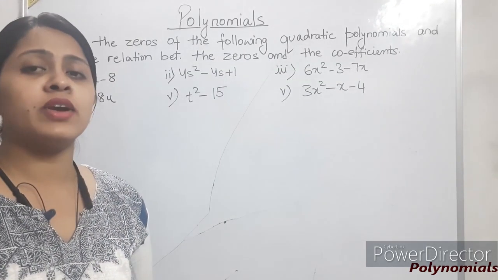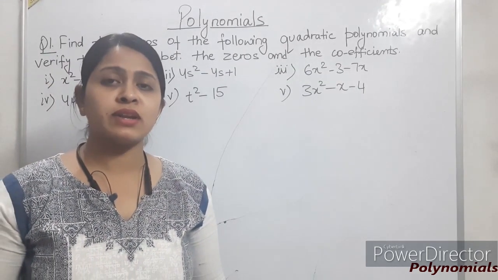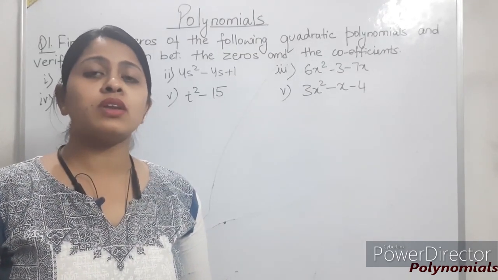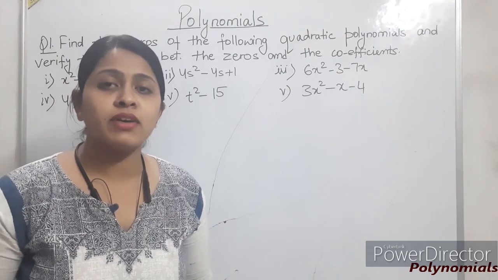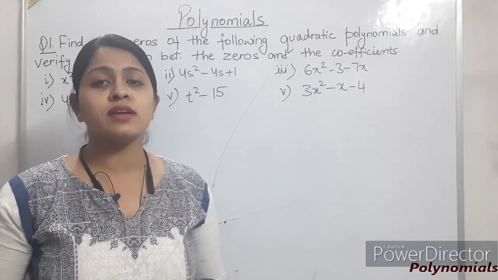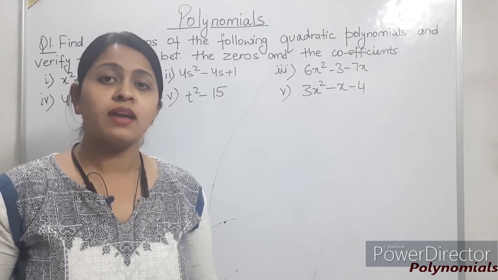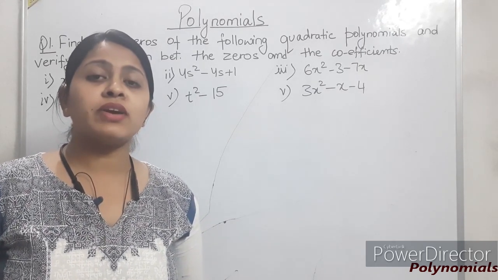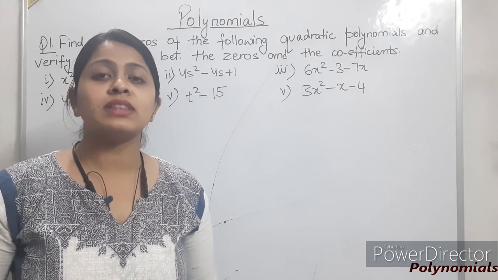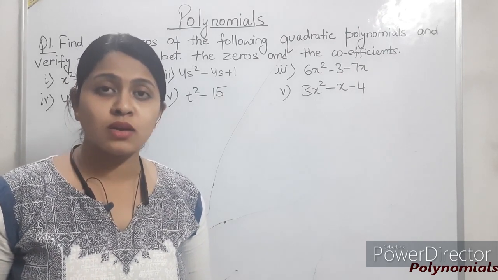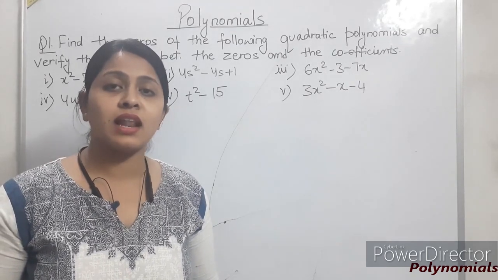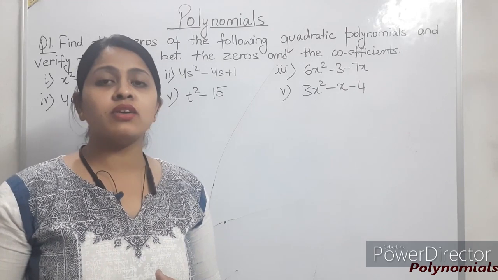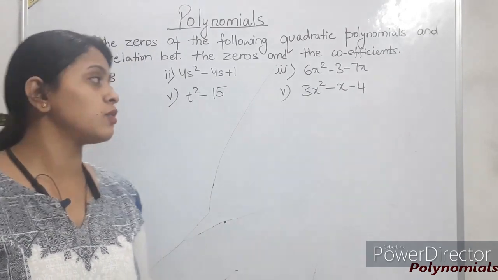In our previous video, Polynomials part 1, we explained the process to do the verification and how to find the zeros of polynomials. With the help of an example, I showed how we can find the zeros and verify the relation between the zeros and the coefficients. Now in this video we are going to solve the questions related to that topic.